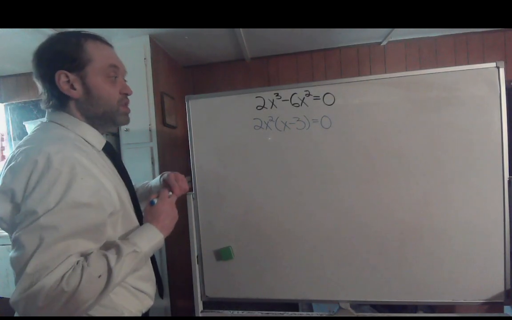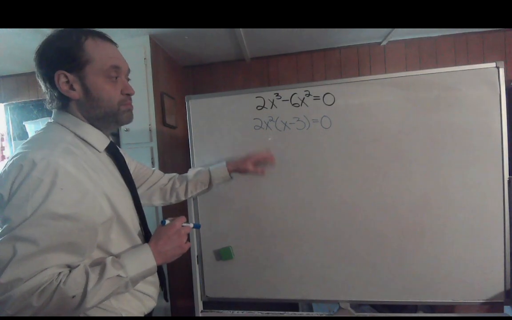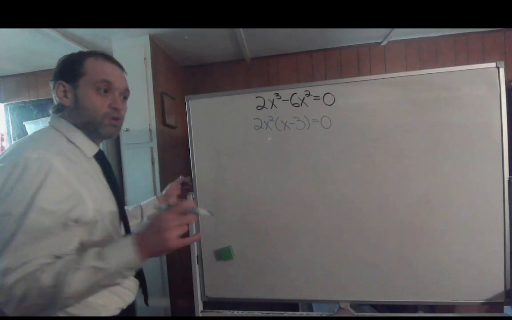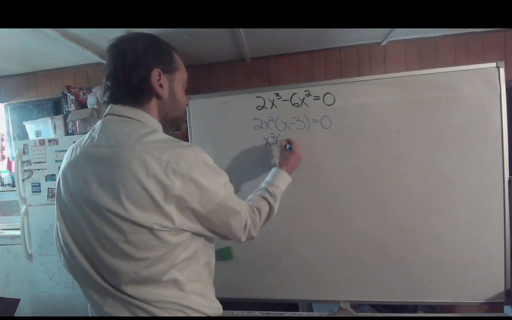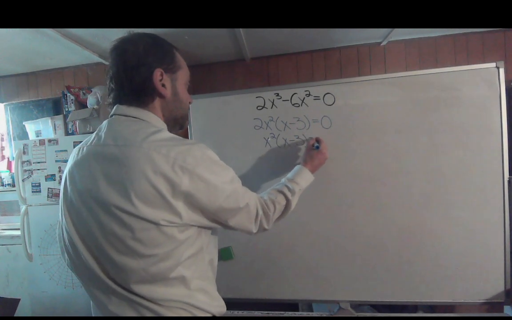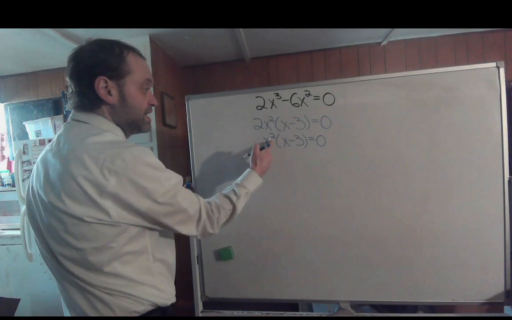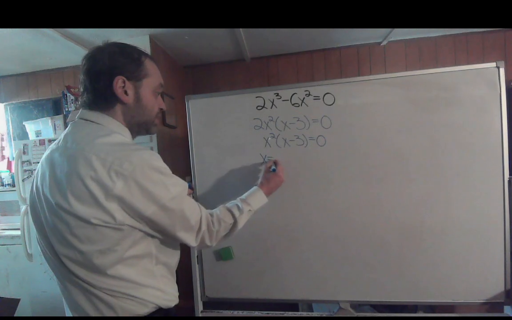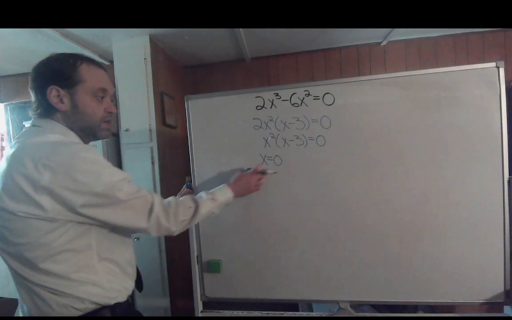When you're solving, if you just have a constant multiplied by the factors, you can divide both sides by the constant, and then you just get x squared times x minus 3 equals 0. You're going to end up with similar solutions. Since x is to the second power, you get x equals 0, and you would have two 0 values for that.